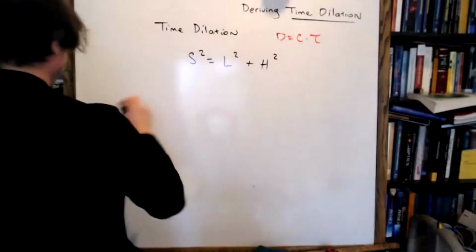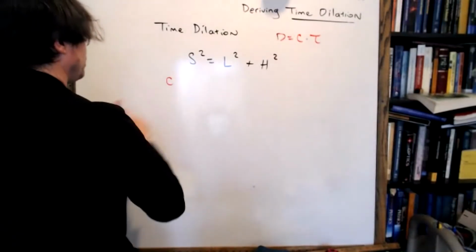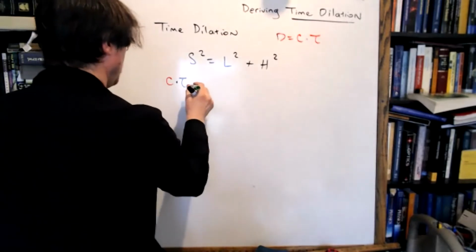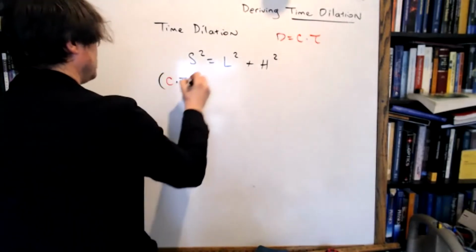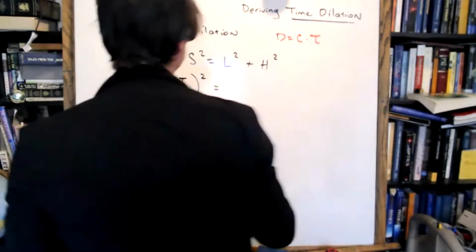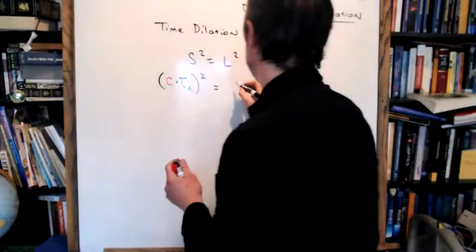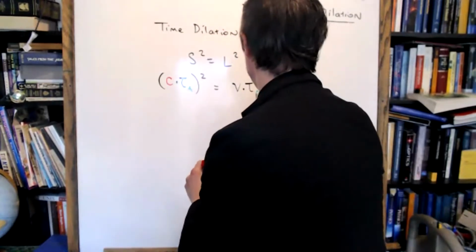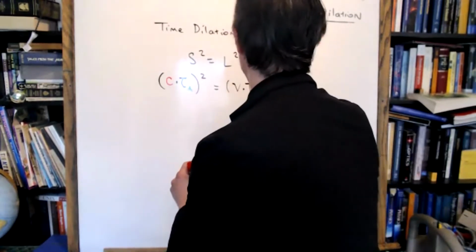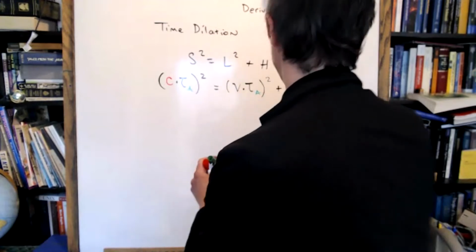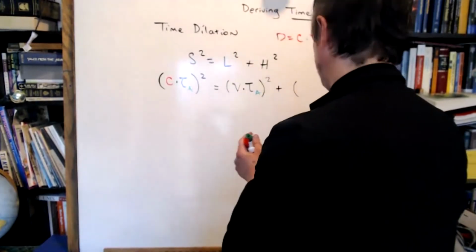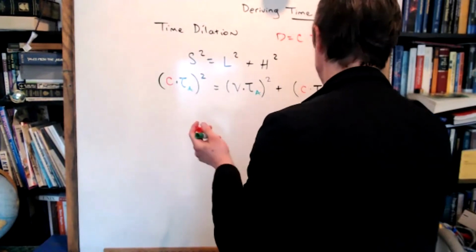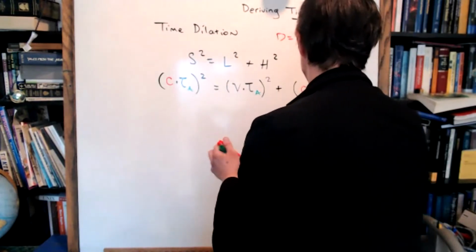In for S, I'm going to put the speed of light times A's time, and all of that is to be squared. In for L, I put the velocity of the cart times A's time. Once again, all of that is to be squared, plus H, which is the speed of light times B's time. All of that is to be squared.